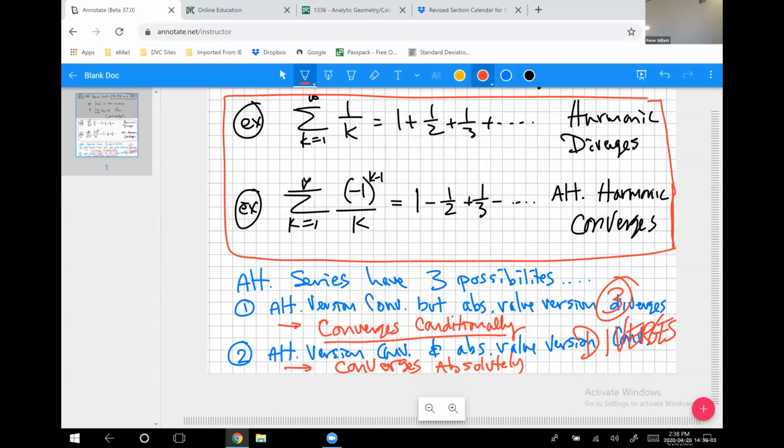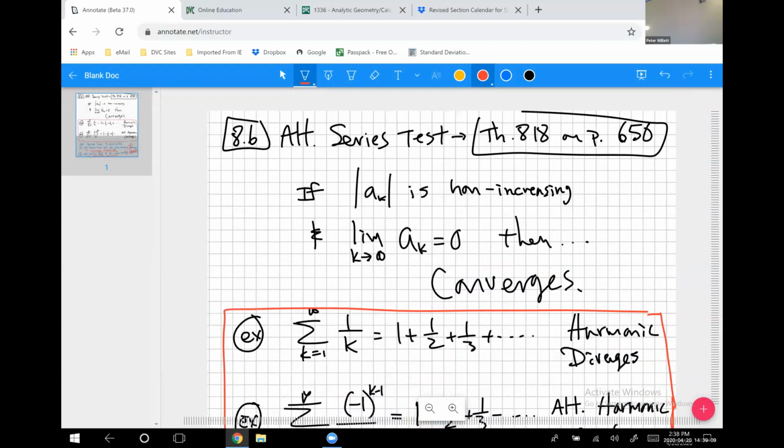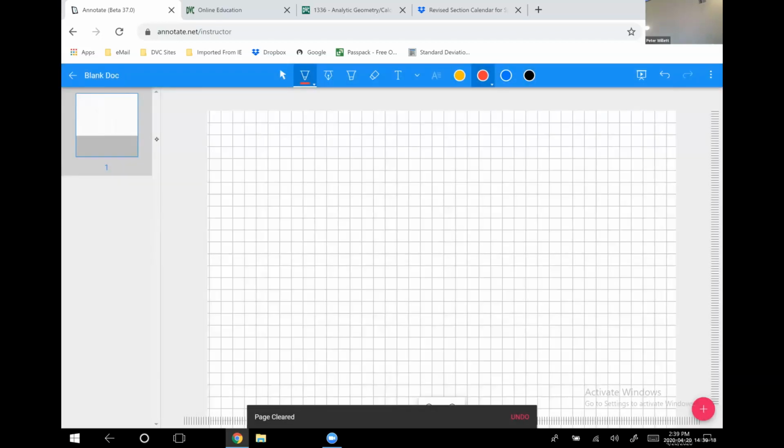So we set up these definitions and we looked at these examples, and it puts us in a position for a theorem, which is basically going to be how we deal with most alternating series. So let's just finish by reminding ourselves of that, try to squeeze in an example, then take a break.